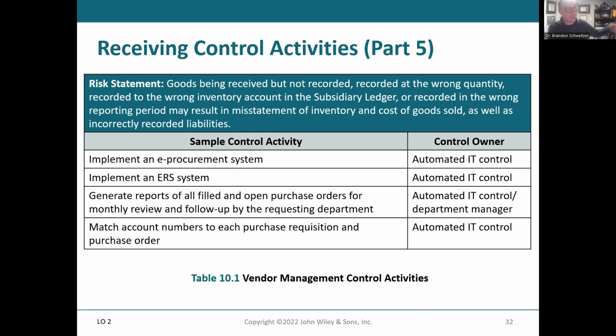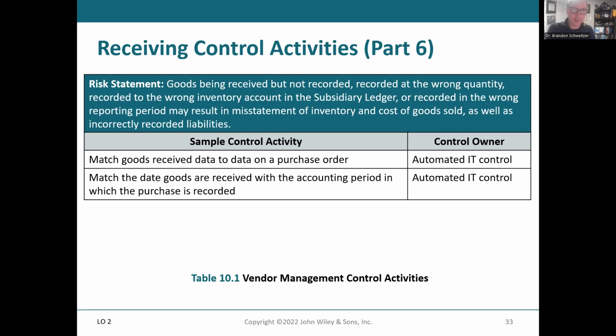So that way, the system, if it's automated, will understand to match those inventory numbers appropriately, right? Because otherwise, it can lead to the wrong recording of inventory in the wrong accounts.